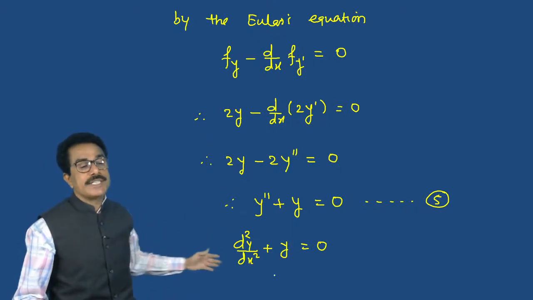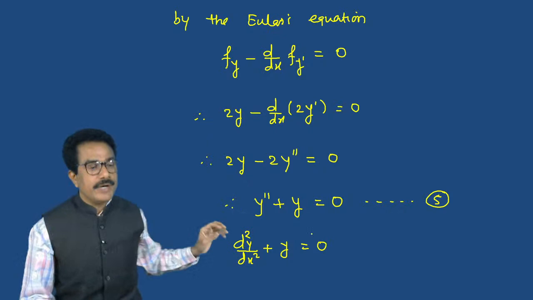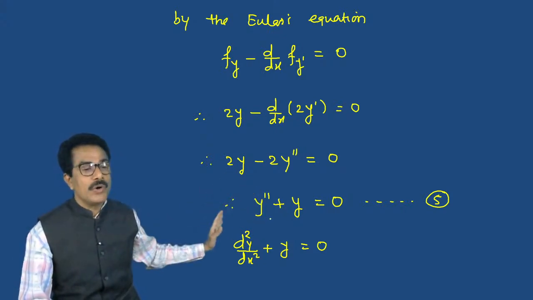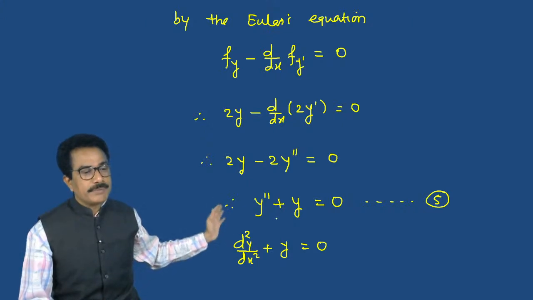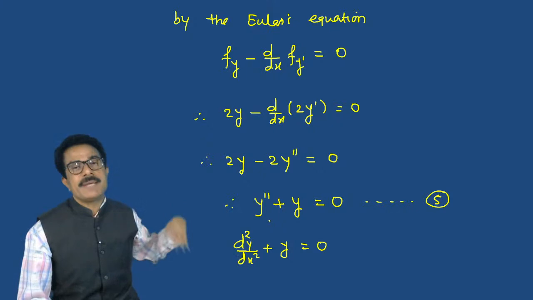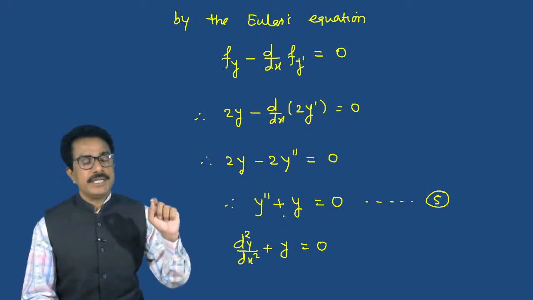Now how to solve this differential equation? We can't take integration here because there is no separation of the terms y and x. So we can't take integration first time, second time. We have to solve this differential equation.